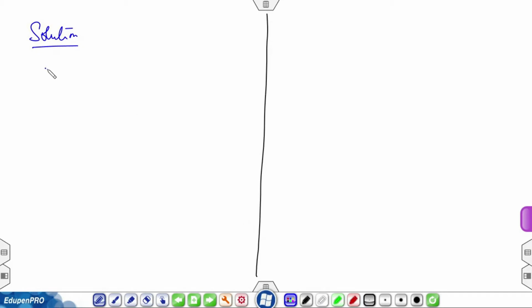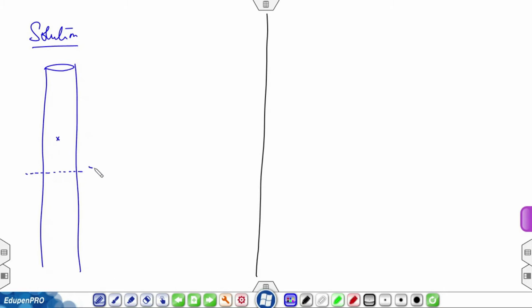So, here is the solenoid, make a long solenoid, and here is the point. Let us say this plane in between somewhere is the z equals 0 plane, and here is this current flowing like this.